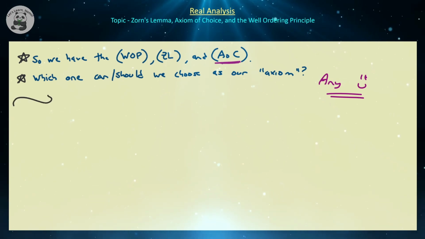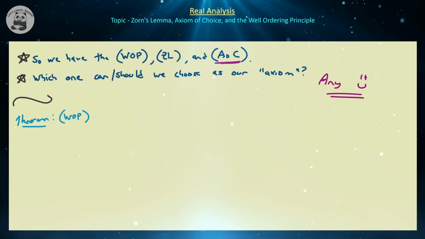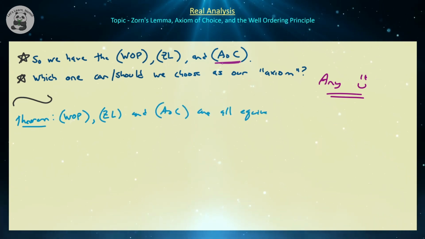So now let us state the theorem that we need to prove in order to show that we can actually choose any. This theorem says the following: the well-ordering principle, Zorn's lemma, and the axiom of choice are all equivalent to one another.